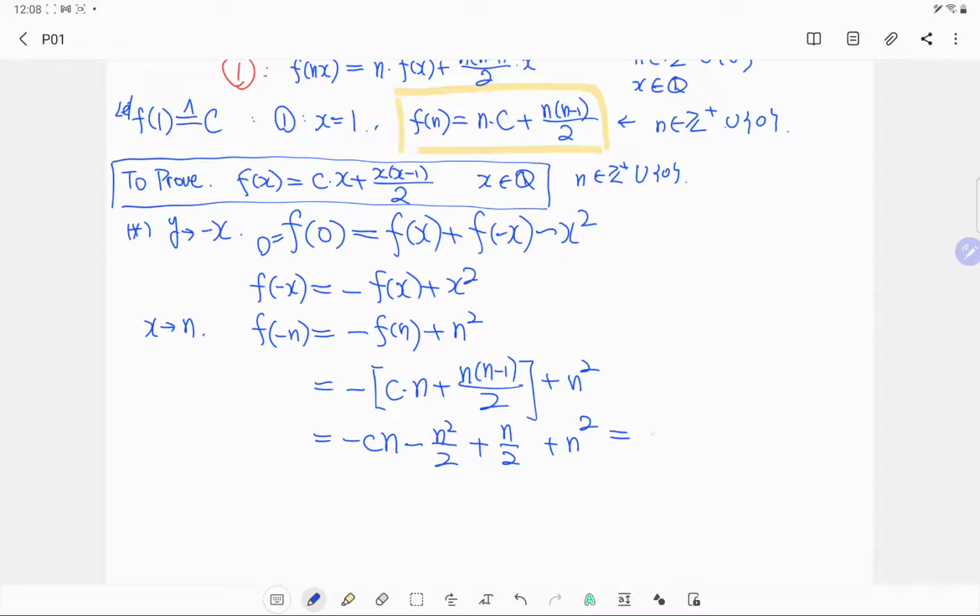So it becomes minus c, or we may write it as c times minus n, and then it becomes n squared over 2 and then plus n over 2.